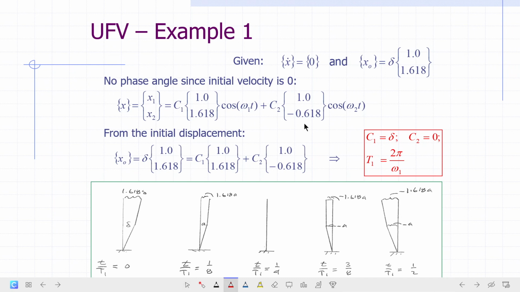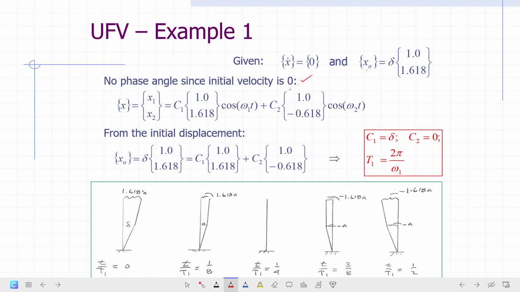Example one: given initial condition, the velocity of h of m1 and m2 is zero. Here, instead of capital H, this slide uses small h. And the initial positions are delta and 1.618 delta. And this says there's no phase angle since the initial velocity is zero.